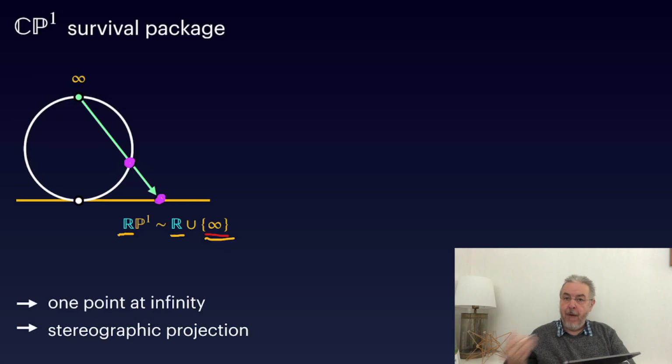So it's a kind of compactification of the projective real line. And we learned we can do that for any conic.